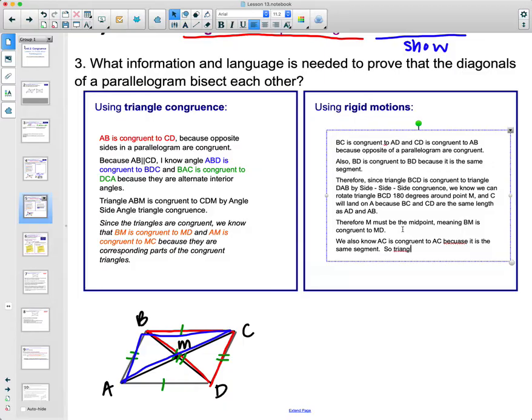So triangle ABC, this blue one, is congruent to triangle CDA by side, side, side. And then you would say something again about rotating. Therefore, we can rotate triangle ABC around point M.